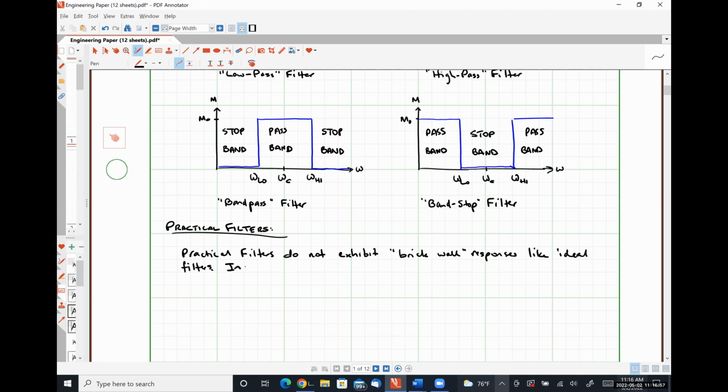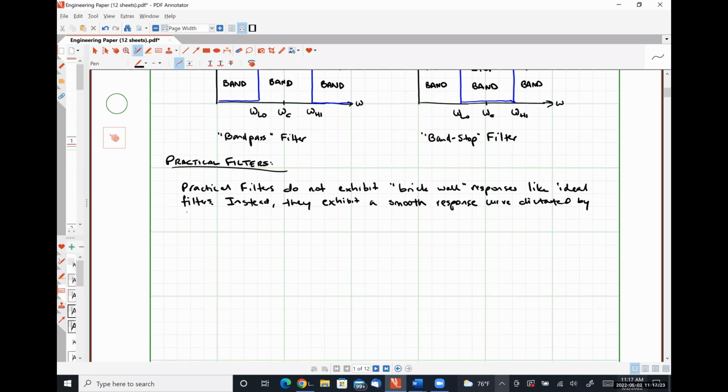Instead, they exhibit a smooth response curve dictated by their transfer function. Okay.